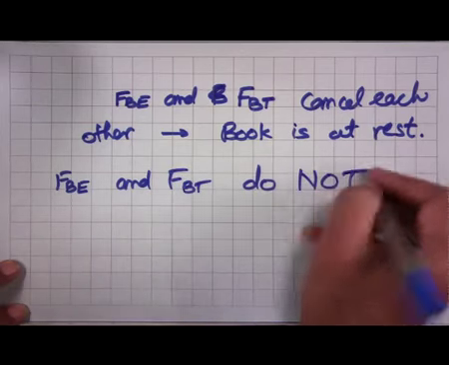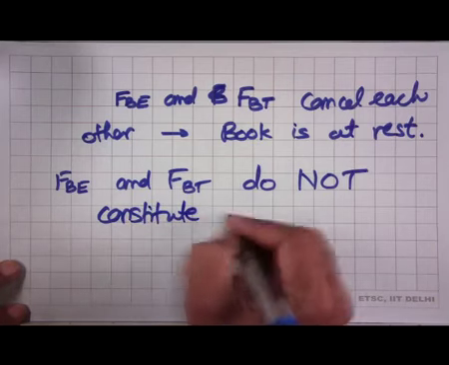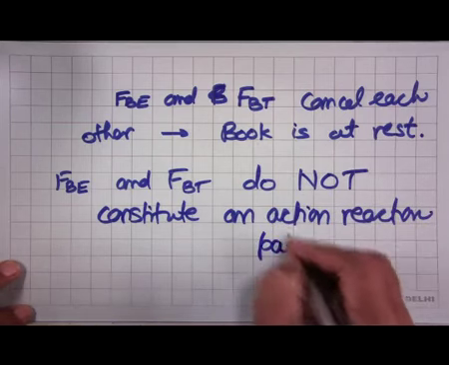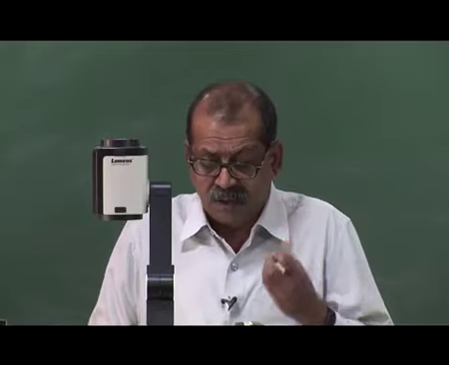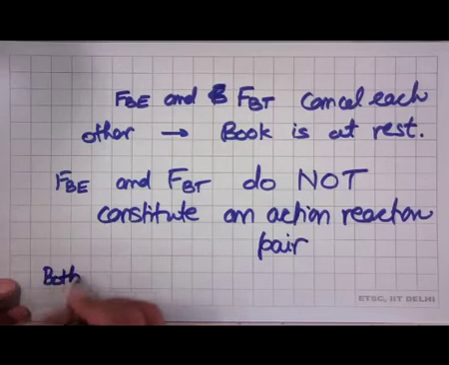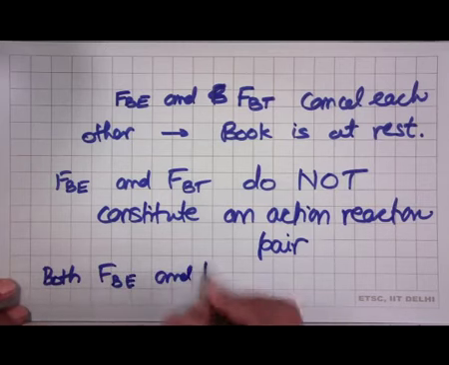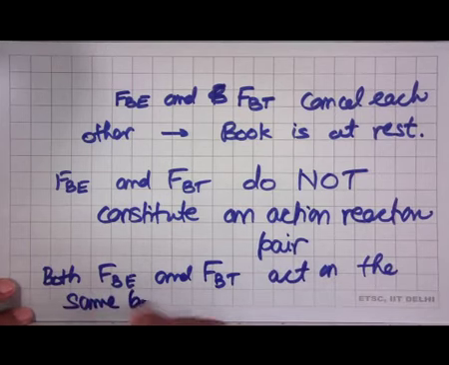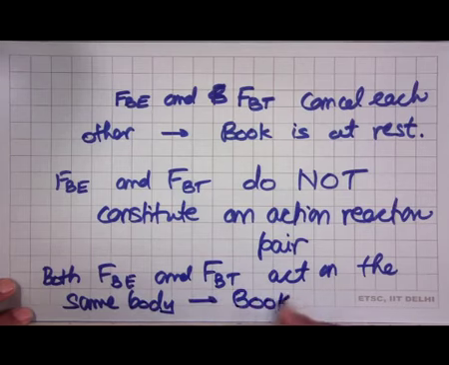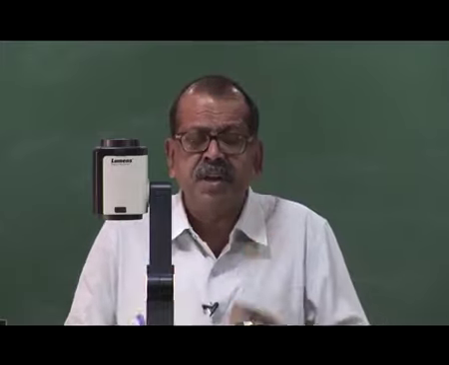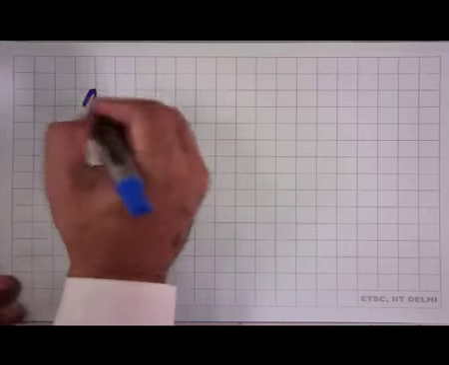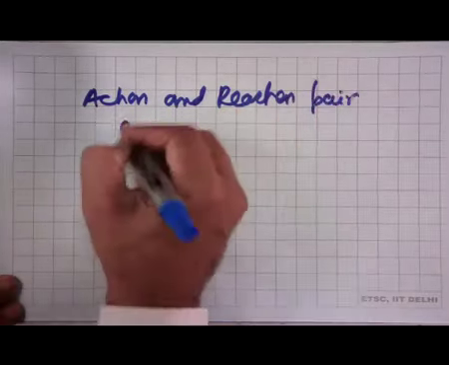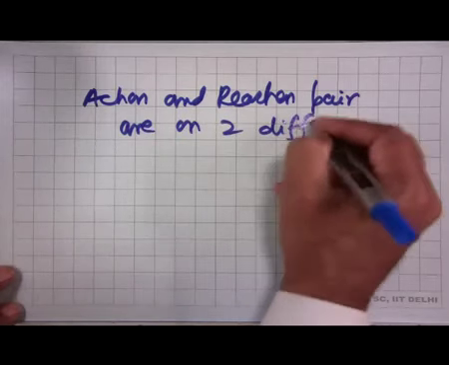Now, the point which I want to make here is that FBE and FBT do not constitute an action-reaction pair. Why is it so? The reason is that both FBE and FBT act on the same body, which is the book, whereas an action-reaction pair is on two different bodies.